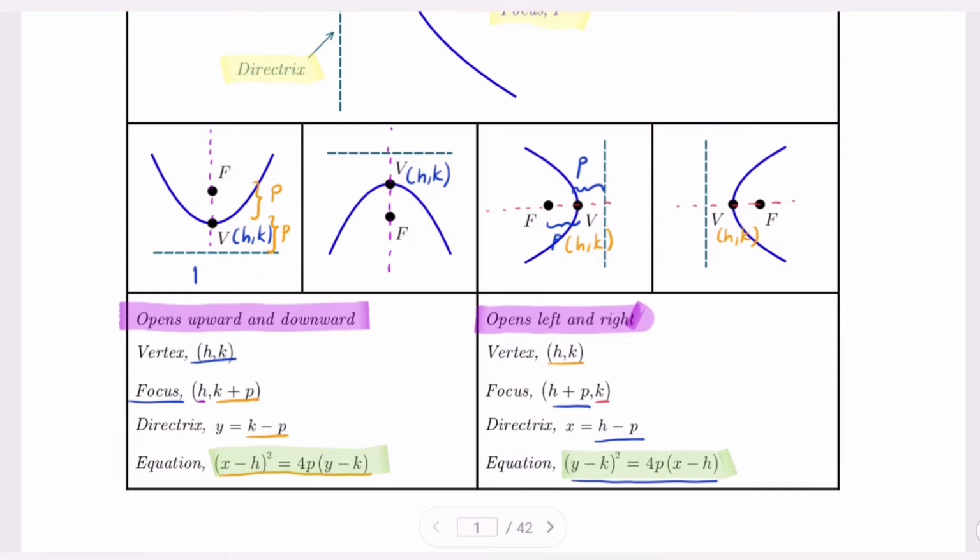If p is greater than 0, then you will get opens upward. And if p is less than 0, you're going to get opens downward. And for this one, if you get p greater than 0, you will open to the right. And if you get p less than 0, you will notice that you will get opens to the left.